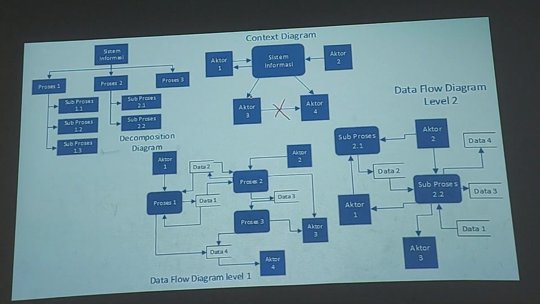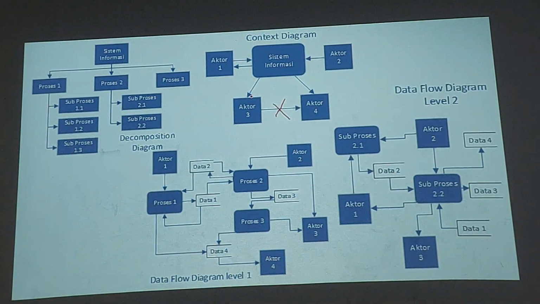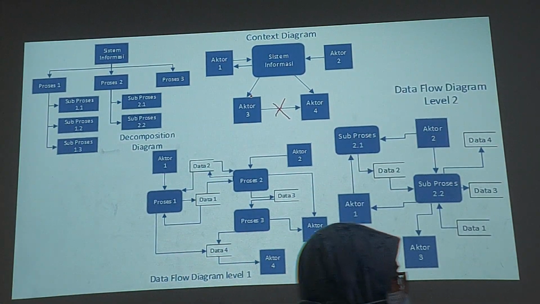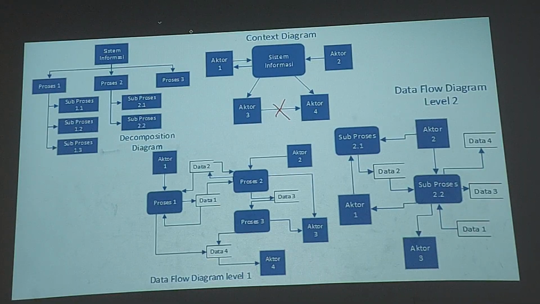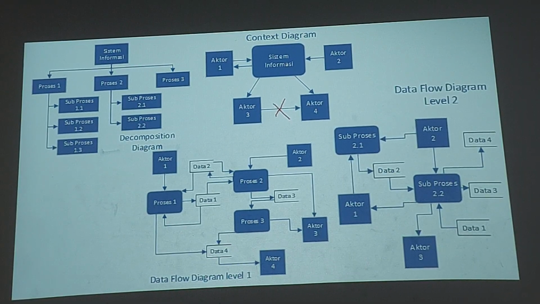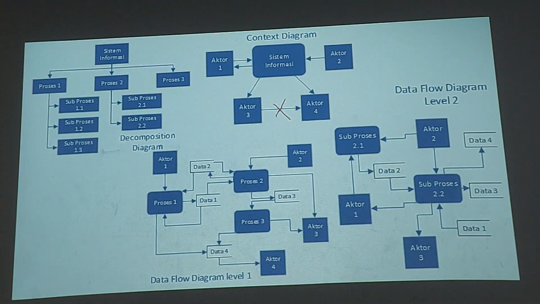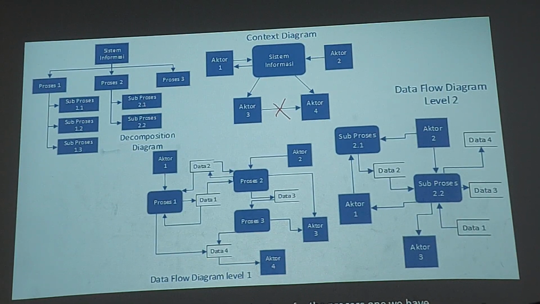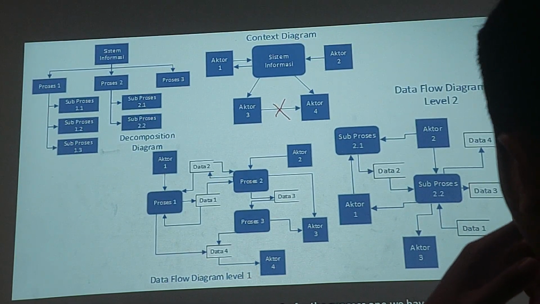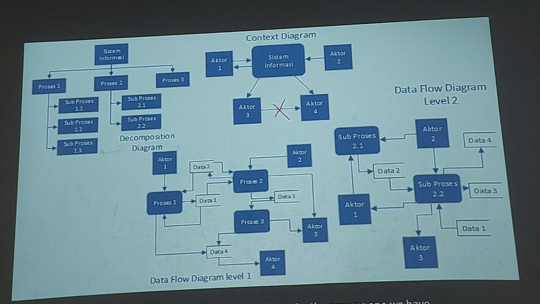So if we think about the process, check this one. The first one is about the decomposition tree. For process 1, we have 3 sub-processes. Process 2, we have 2 sub-processes, and process 3, we don't have any sub-process.